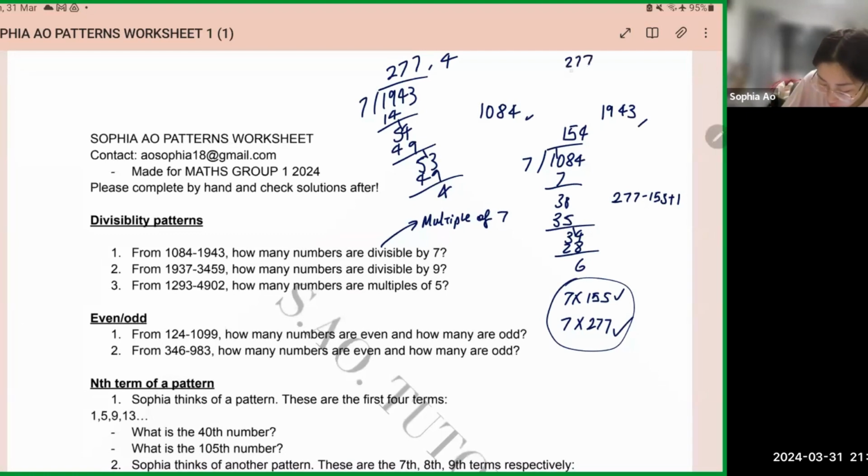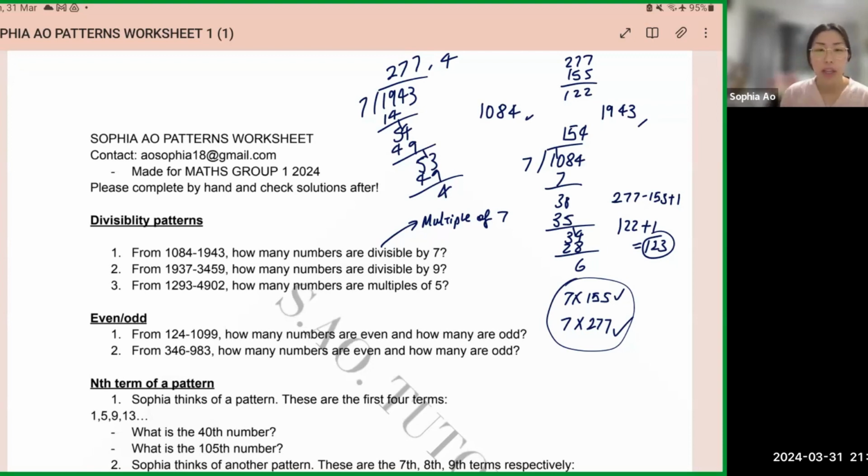Then you just do your subtraction over here, 277 minus 155 is 122, and you add 1, and you get 123. And that's the whole answer. That's the number of numbers that are divisible by 7, or multiples of 7, between 1084 and 1943. It's 123 numbers, and that seems like a very reasonable number. It doesn't seem too crazy, so I'm fine with that, okay?